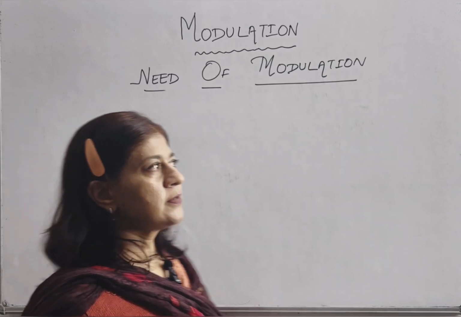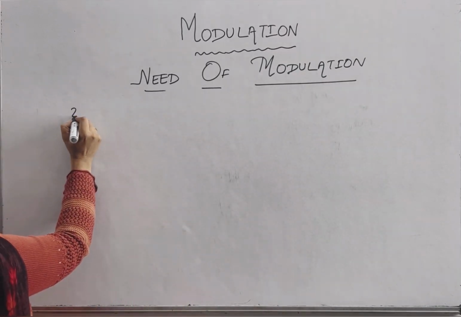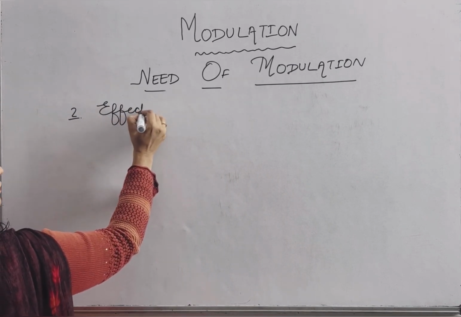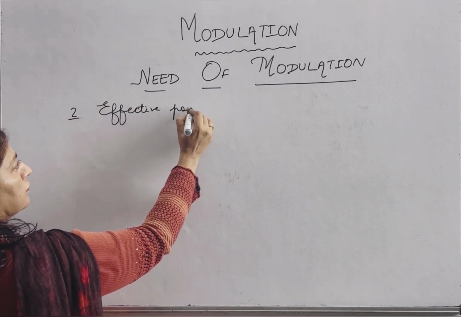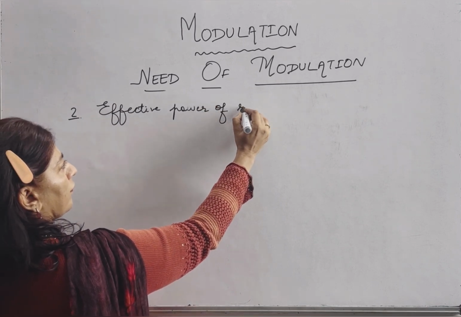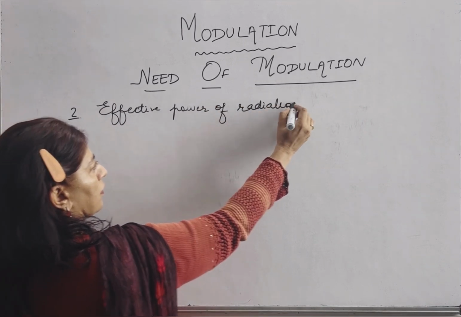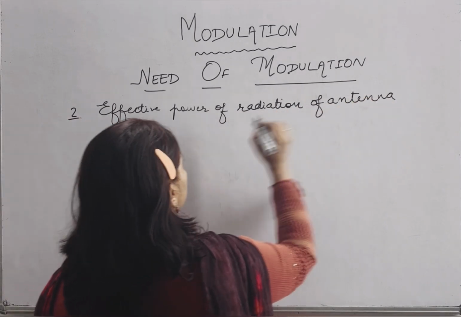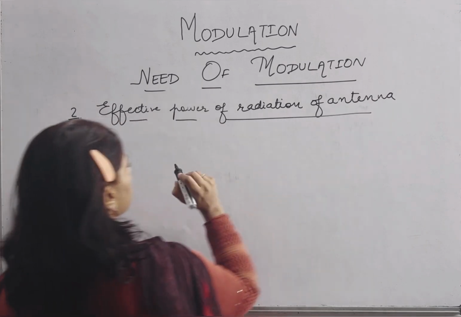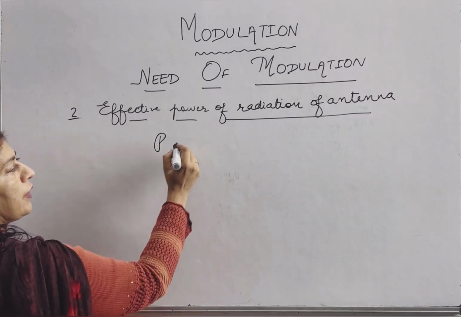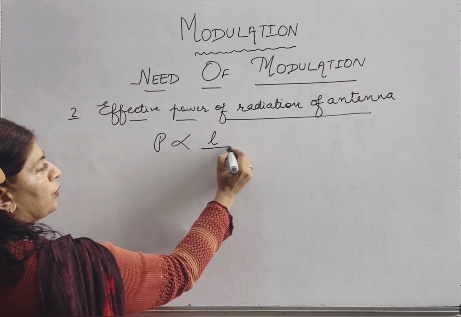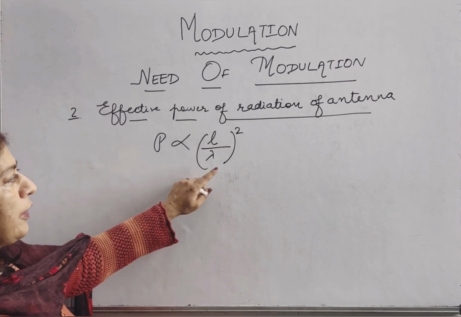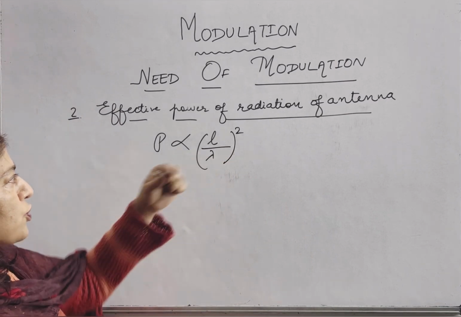The next point is effective power of radiation of antenna. Let P be the power of antenna. It is directly proportional to the length and inversely proportional to the wavelength square.